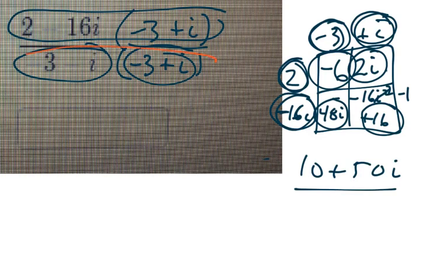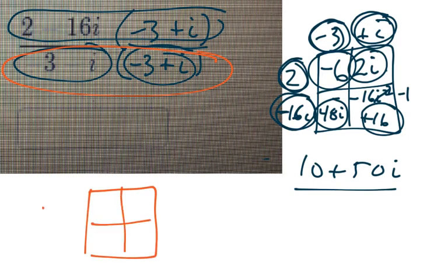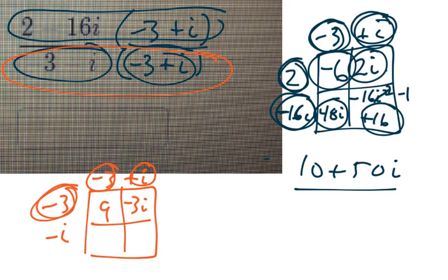Let's see what this denominator is going to be like. I'm going to do the area model right here. Negative 3 minus i times its conjugate, negative 3 plus i. Let's see what happens. Negative 3 times negative 3 is 9. i times negative 3 is negative 3i. Negative 3i times negative i is positive 3i.